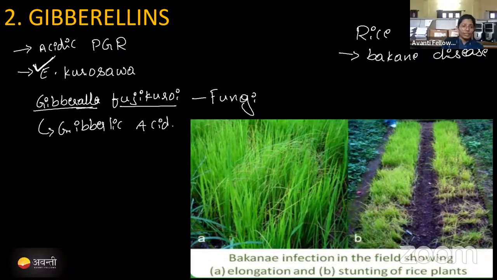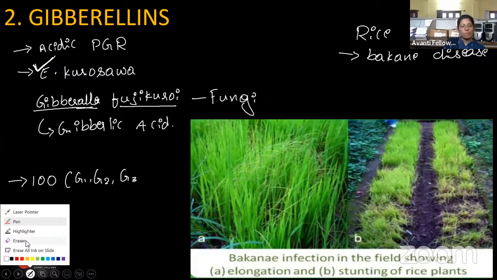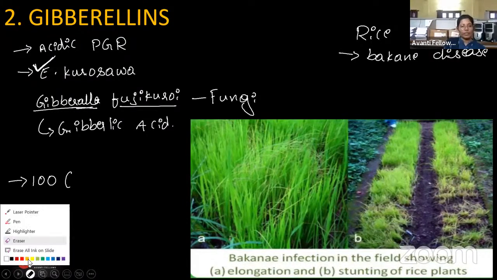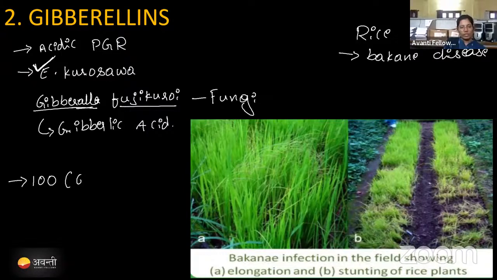Okay. But these gibberellic acids are of many types. Sorry, 100 gibberellins are present. Out of that, GA1, gibberellic acid 1, gibberellic acid 2, gibberellic acid 3, and so on.